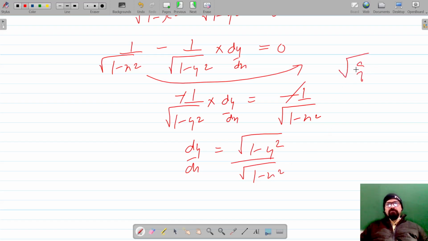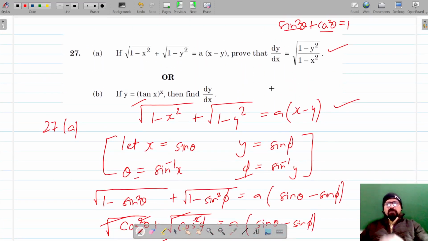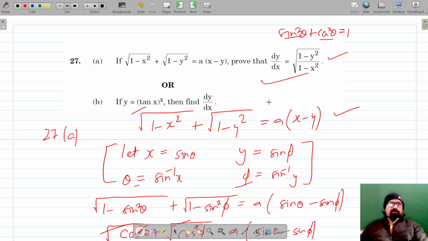And we know that under root a by under root b is equal to under root a by b. So this is equal to under root of 1 minus y squared upon 1 minus x squared. And this was what was asked to prove. Moving on to part B.